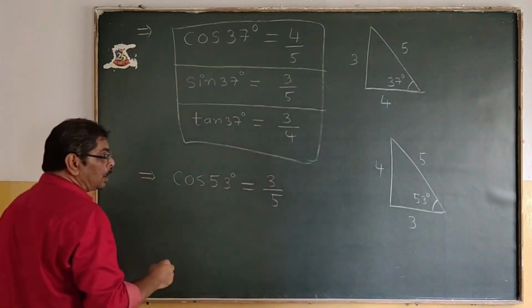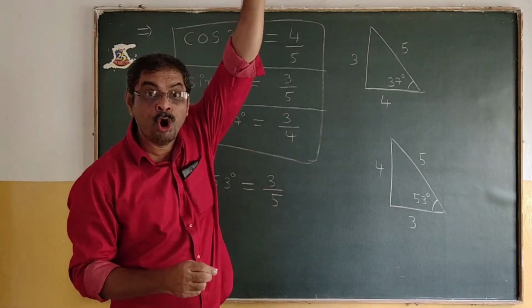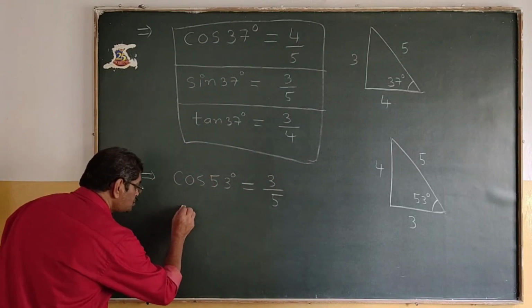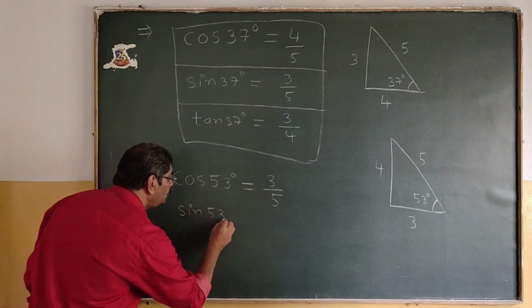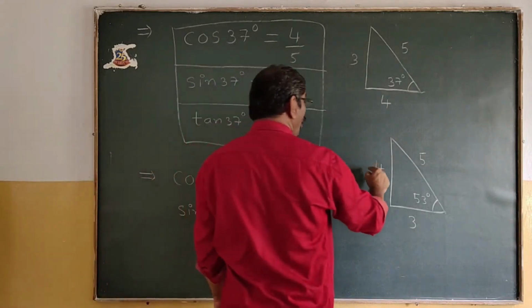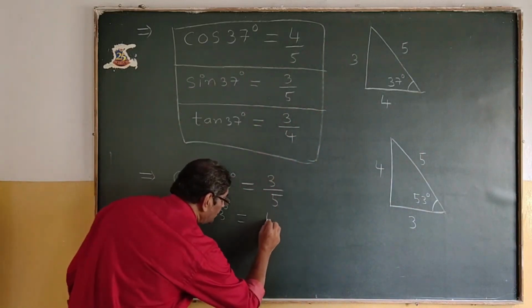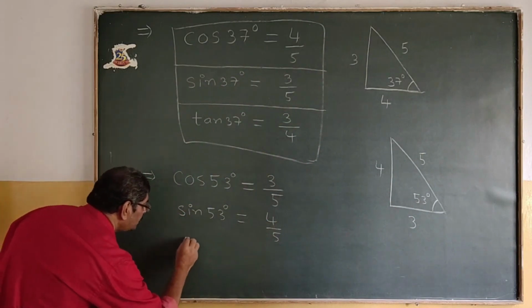So I can find out the value of sin of 53 degree. So sin of 53 degree will be numerically equal to opposite by hypotenuse, that will be numerically equal to 4 by 5.